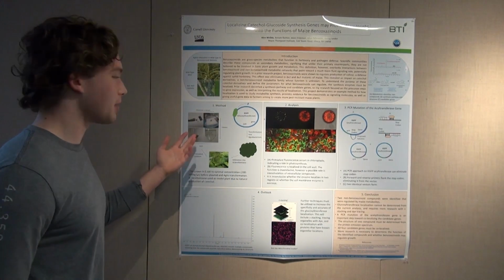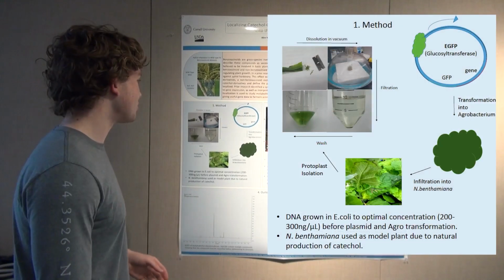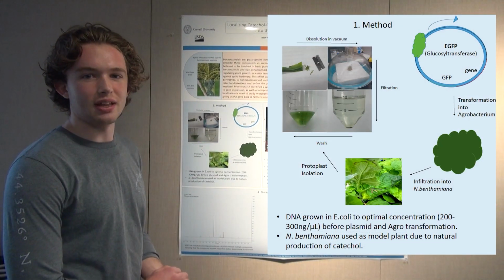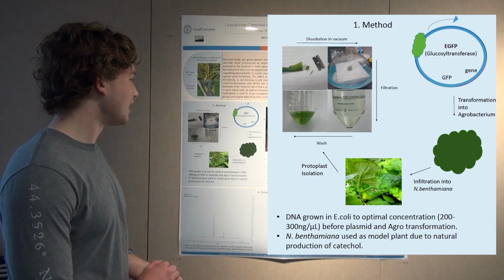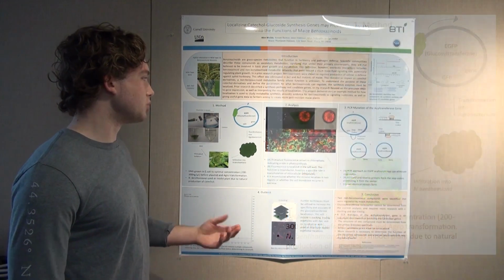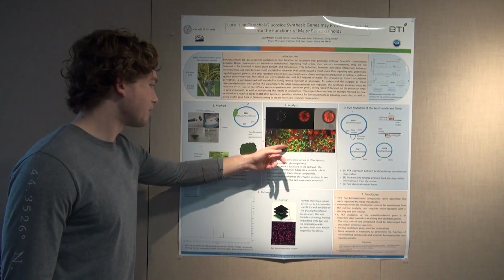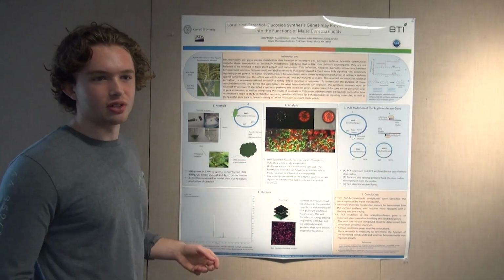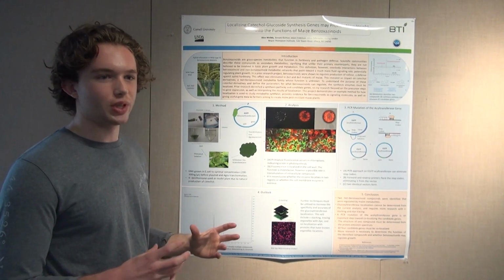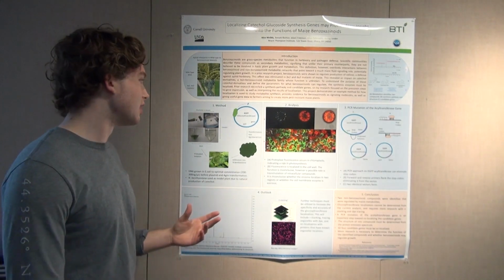So my method for localizing the genes was tagging them with something called a GFP. That stands for green fluorescence protein. And essentially it allows the gene to fluoresce in the cell. And judging by where it is in relation to the cell organelles, we can identify its function.